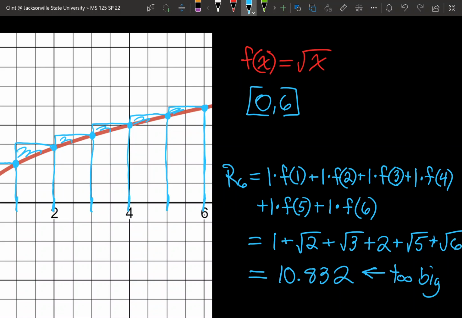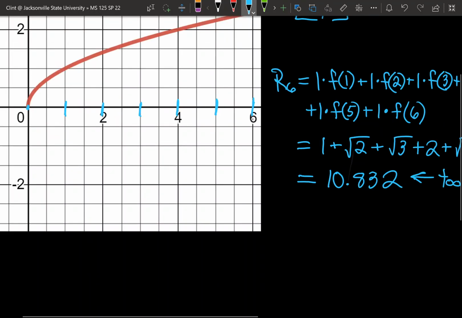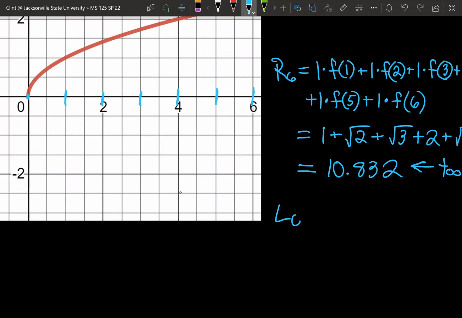Okay. Now let's do it with the other rectangles. Let's do it with the left endpoint rectangles. So we'll still do 6. Keep it easy, where each one's 1 wide.